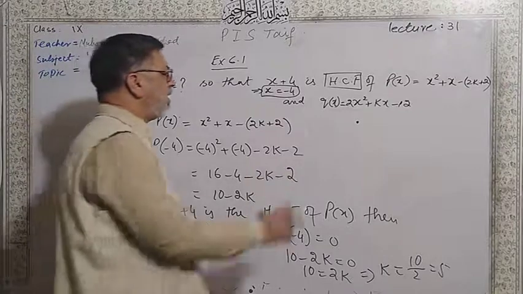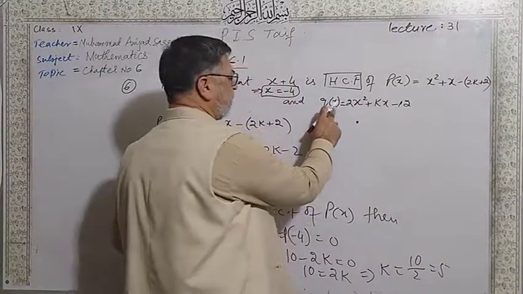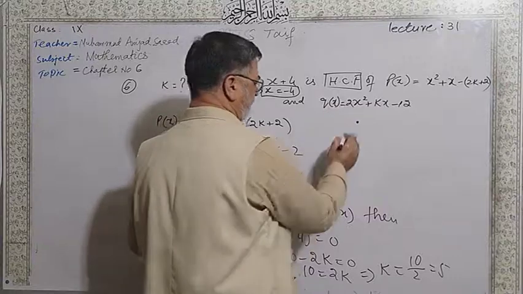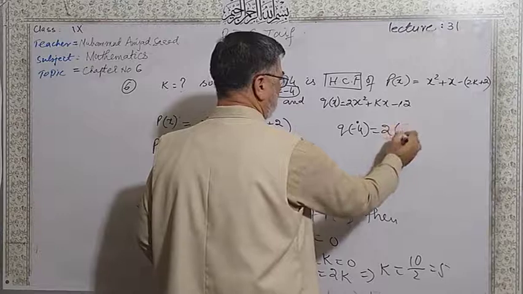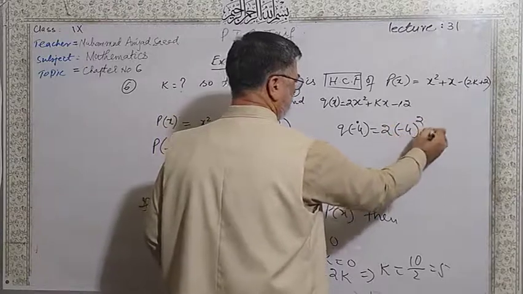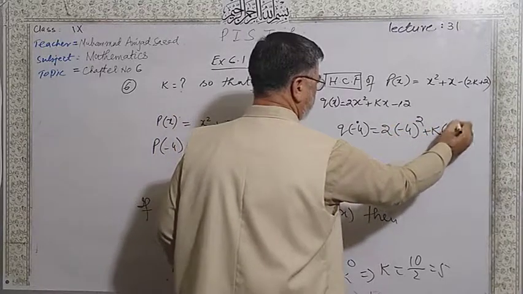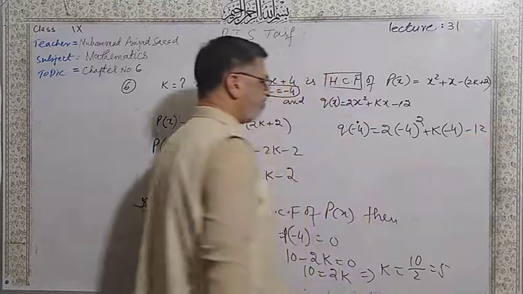Similarly, you can apply x equal to minus 4 in Q of x. So Q of minus 4 is 2 into minus 4 squared plus k into minus 4 minus 12.